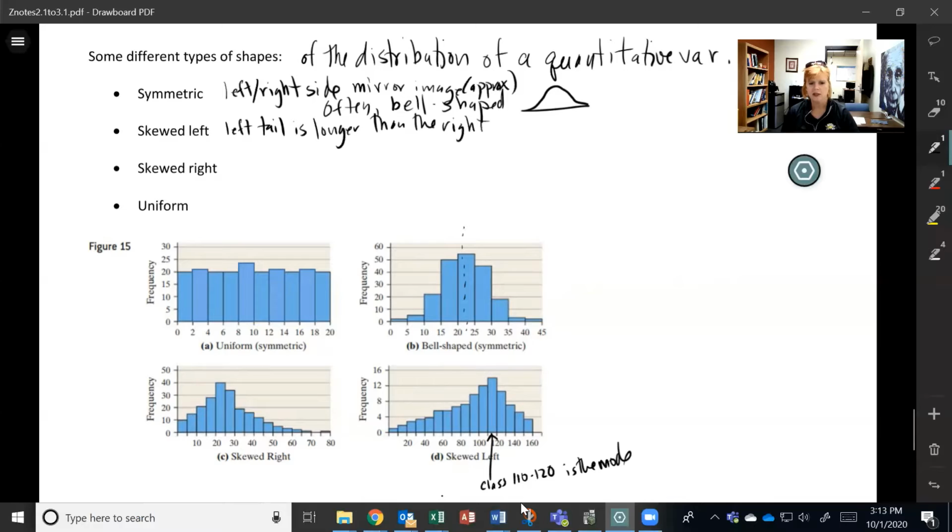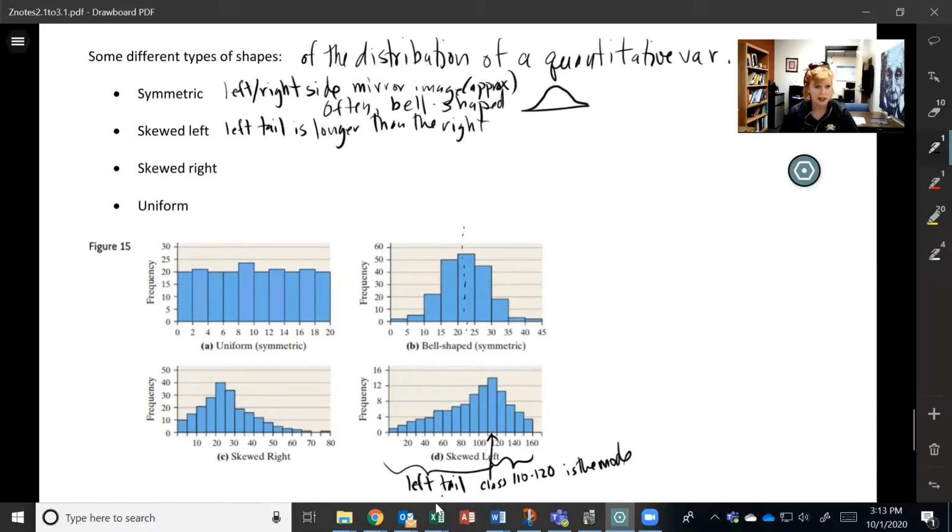The left tail is everything to the left, so this left tail is all the way out here. And between here and the max, that's the right tail. This left tail is a lot longer than that right tail, so that means it's left skewed, or skewed left.